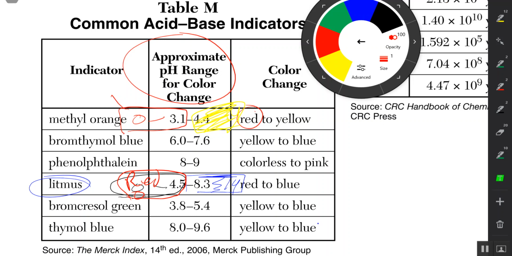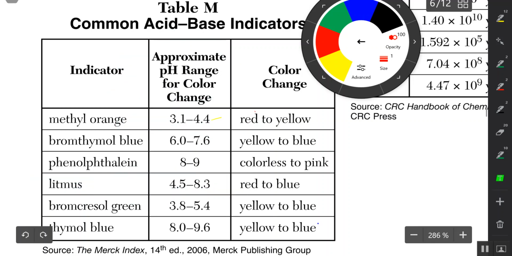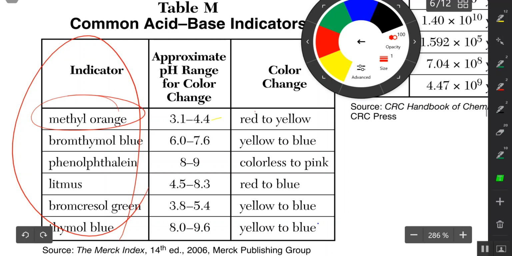So let's say, for example, you have a solution and you're trying to identify the pH of that solution. So you put different indicators in that solution. Let's say you put methyl orange in that solution, and you realize that methyl orange turned yellow.